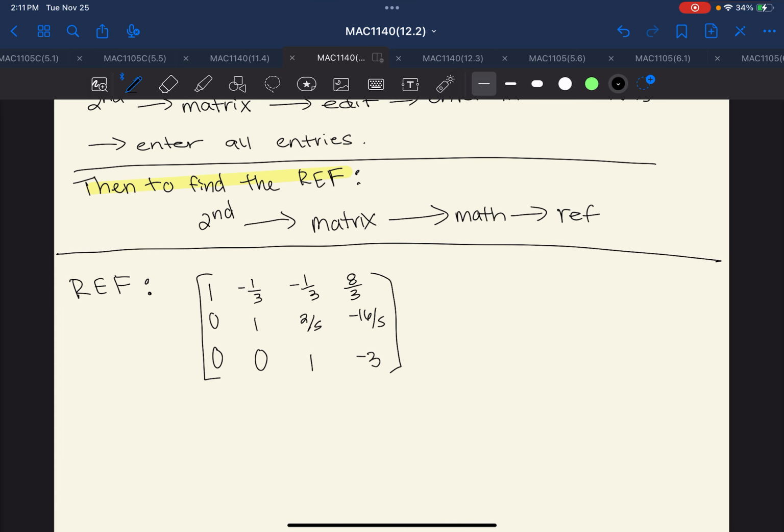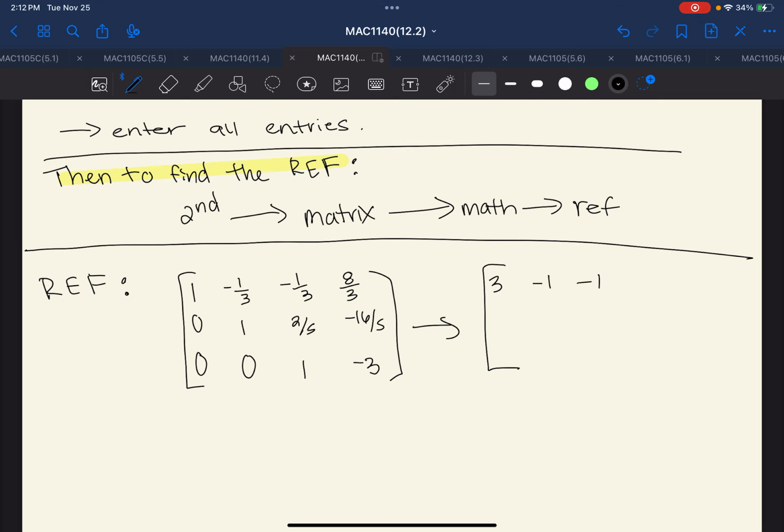So I can multiply the first row by 3, which will give me 3, -1, -1, then 8. Then I can multiply the second row by 5, which would give me 0, 5, 2, -16. And then the last row is fine.